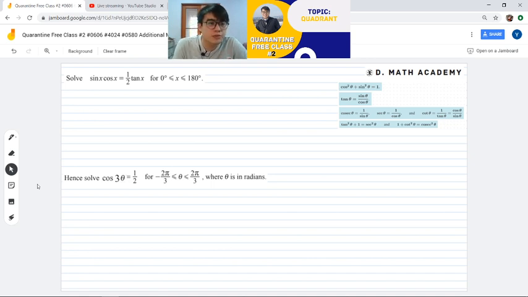So the first thing that I'm going to do here is to change the tangent. Based on the formula that we have at the side here, tangent is actually sine theta over cosine theta, or you can convert it into our question. Our question here, addressing it as sine x squared sine x equals to 1 over 2 times sine x over cosine x.